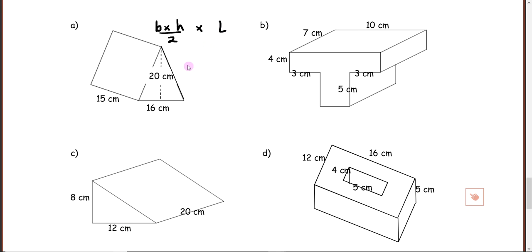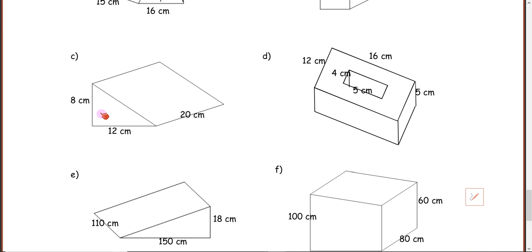So this one would be base is 16, height is, divide that by 2 times it by 50. So I'm not going to do all that, but that's what you know the answer will be. However, I want to know this one. This we have to kind of make an assumption, which is what?